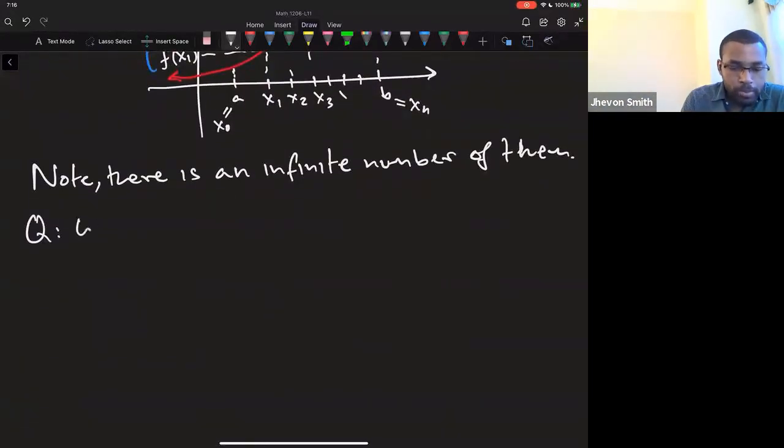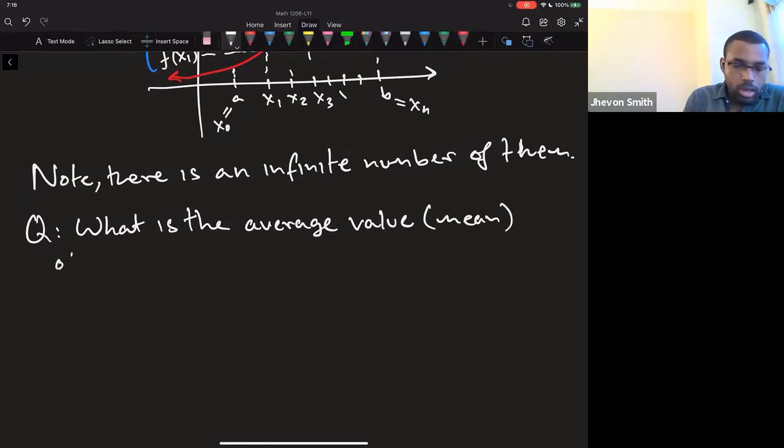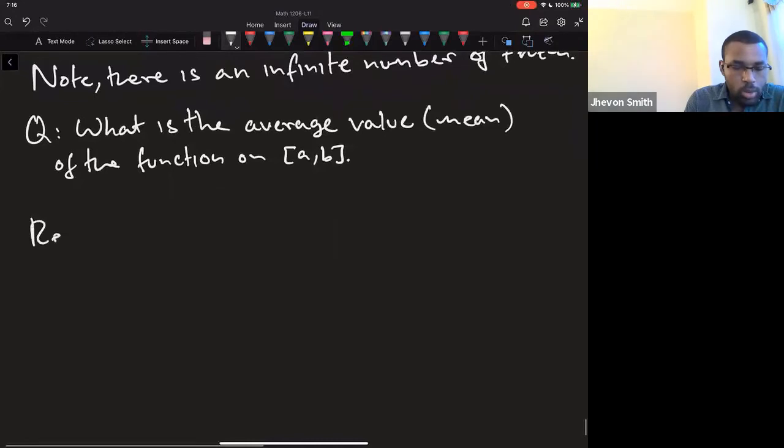So the question would be, what is the average, and I'm talking about mean value of the function on a, b. So of course you'd recall what the mean is.